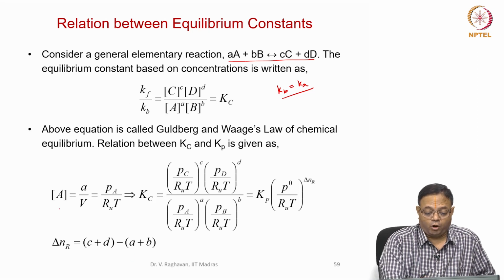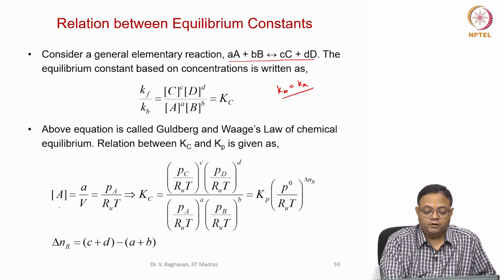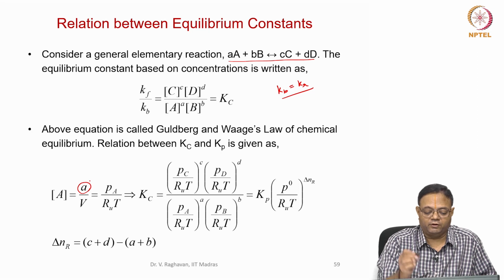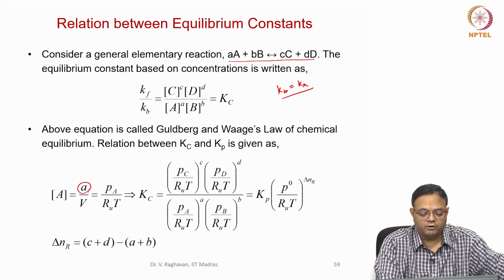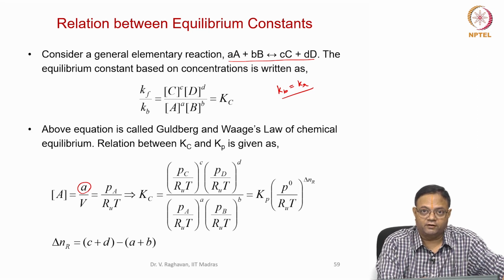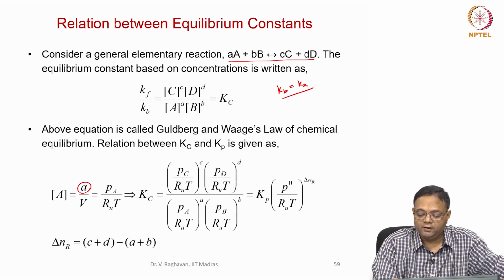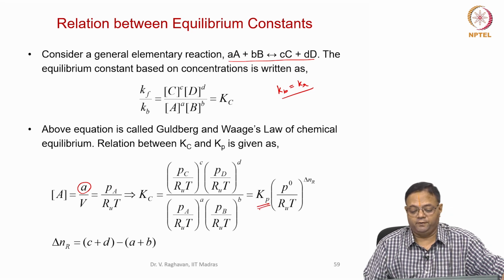Now concentration itself is nothing but the number of moles, which is a here. That's what I put, because I can also put 1. So I put the number of molecules divided by V, which is nothing but Pa by RuT, which implies Kc can be written in terms of Pc, Pd, the partial pressures, and connected to Kp.